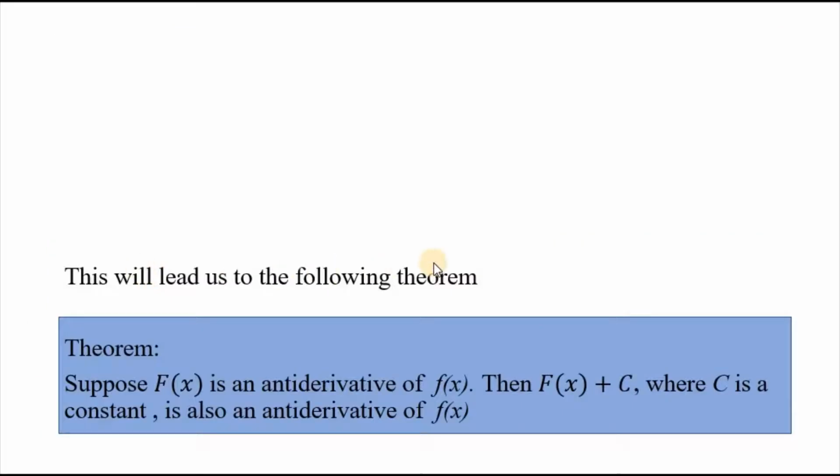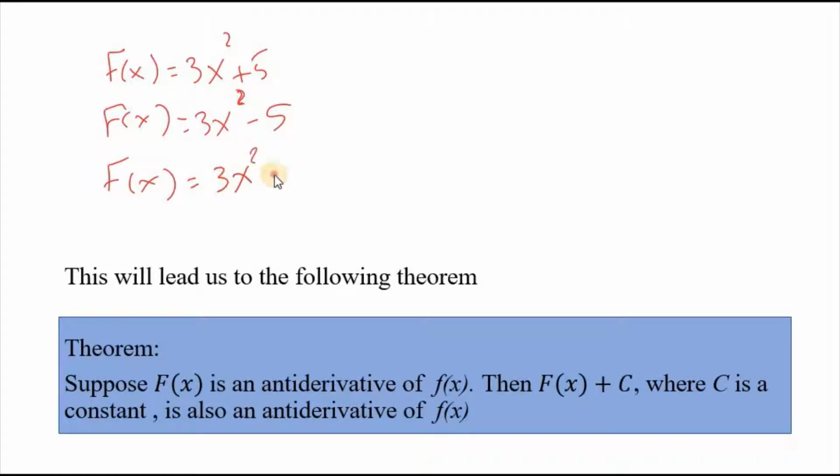This will lead us to the following theorem. Because we said if we have F of x equals 3x squared plus 5, or 3x squared minus 5, or 3x squared plus 100, all of these are antiderivatives of the function f of x equals 6x. Because we have different constants and the answer is still the same, we can come up with this theorem.